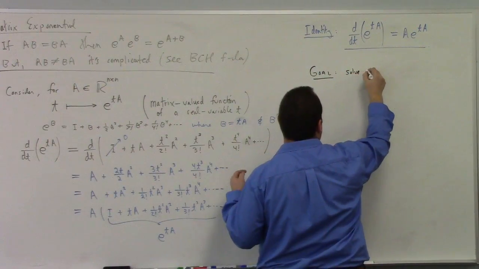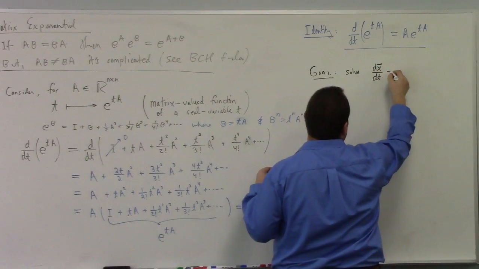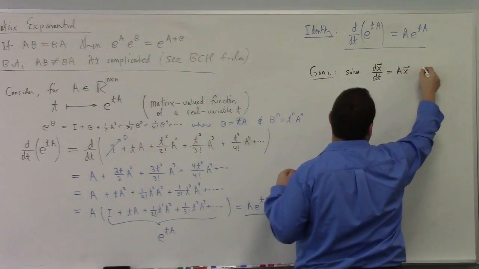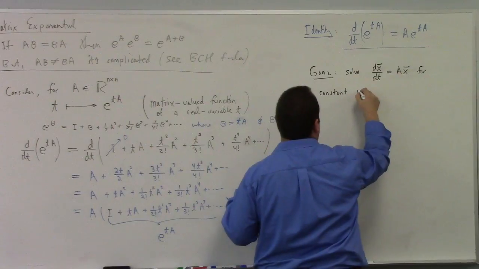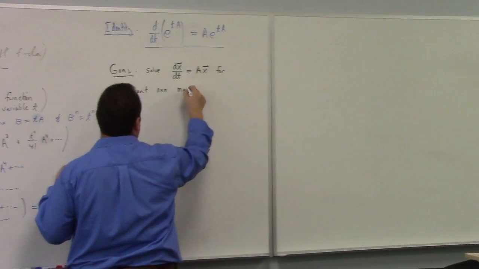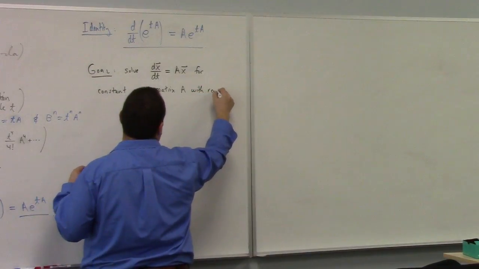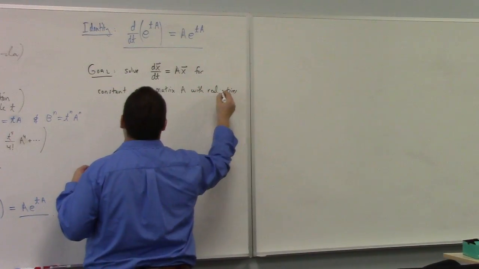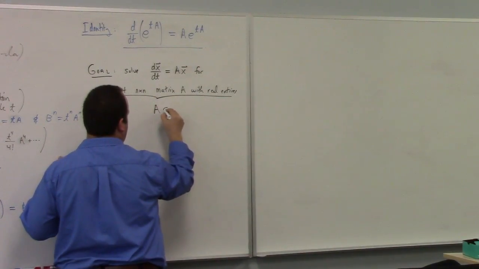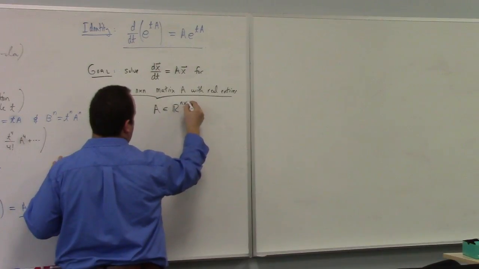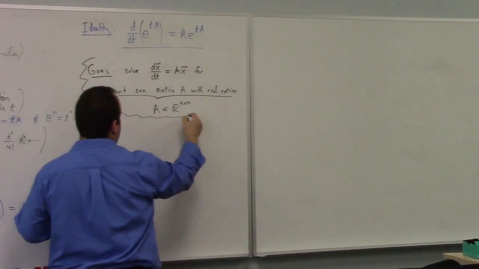Our goal is to solve dx/dt equals Ax for a constant n by n matrix A with real entries, right? See, this is so annoying. Why did I say all that when I could have just said A is an element of R^(n by n)? Oh well. I already said it though. That's our goal, right?